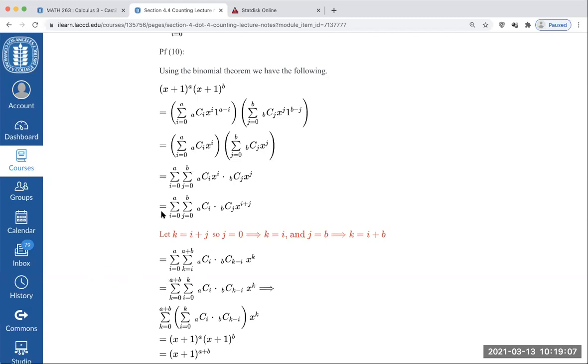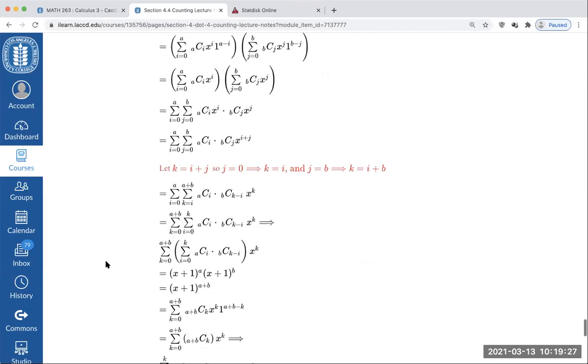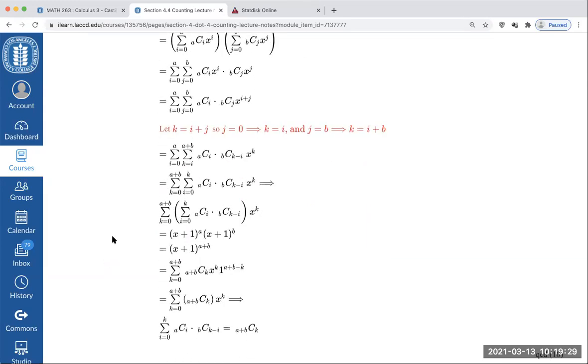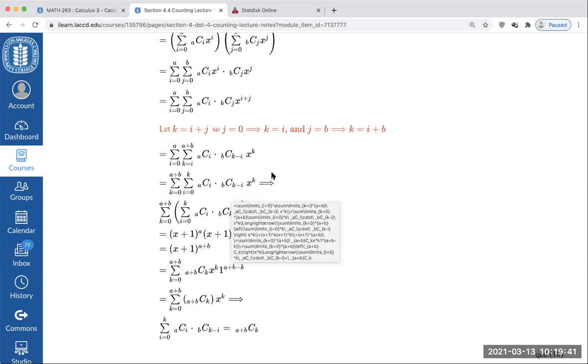So this becomes the sum i equaling 0 to a of the sum k, where when j is 0, k is i, and when j is b, k is a plus b. So this is the same as the sum k equaling 0 to a plus b, the sum i equaling 0 to k of aCi bC k minus i x to the k.